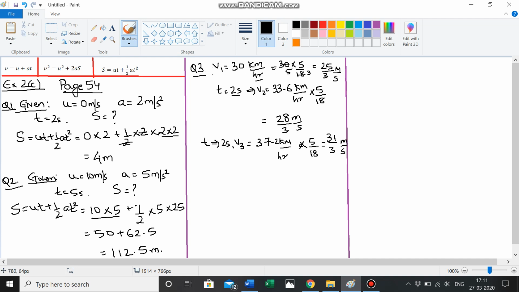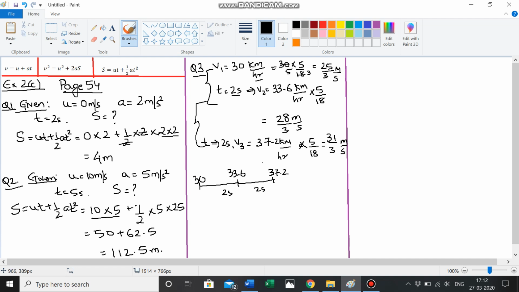So this is the first change and this is the second change. Initially it travels for 2 seconds and then it travels for 2 more seconds. At this point of time the velocity is 30, here the velocity is 33.6, here the velocity is 37.2. So these are the three different instances which are given.